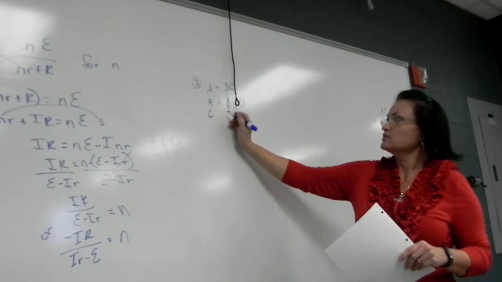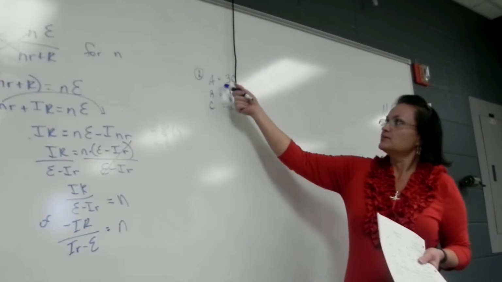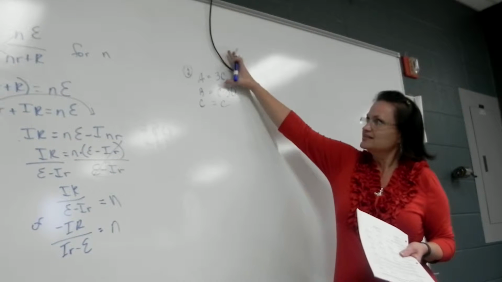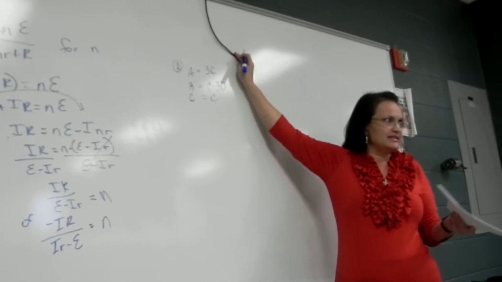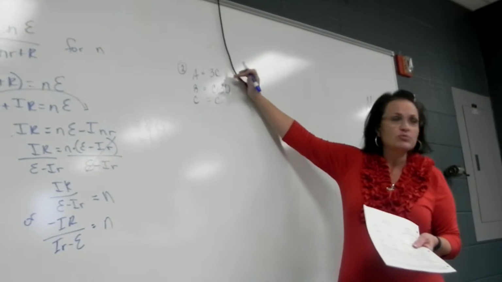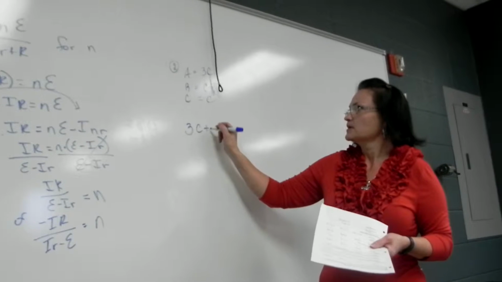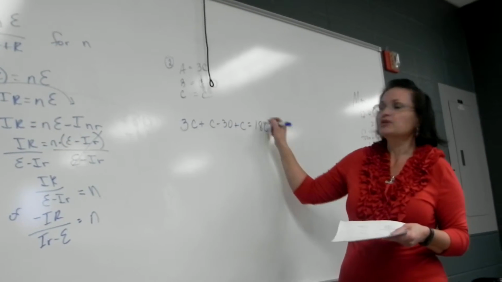So A can be referred to as 3C, and B can be referred to as 30 less than C. So it's nice that the clues all lined up so they all refer back to C, because now I just have one variable. Those 3 angles, angle A plus angle B plus angle C, have to add up to be 180 degrees.